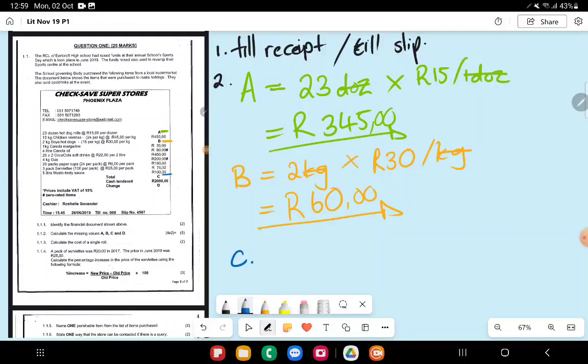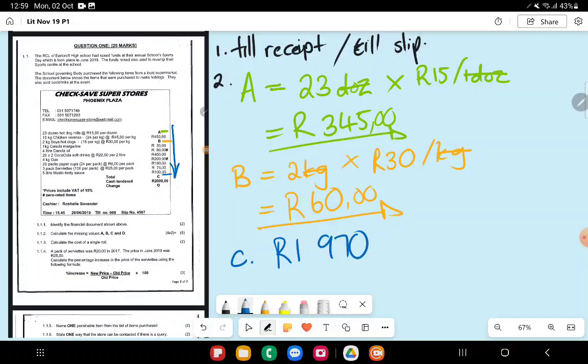And that gives me a total of 1,970 Rand. So what did we do? We added everything up to get 1,970 Rand.